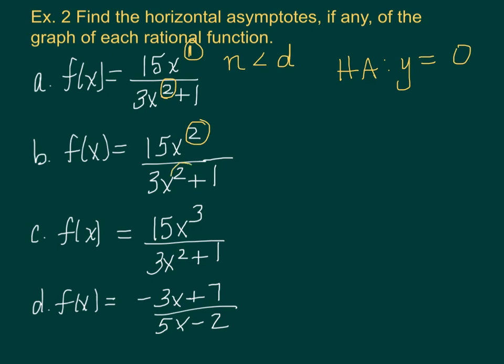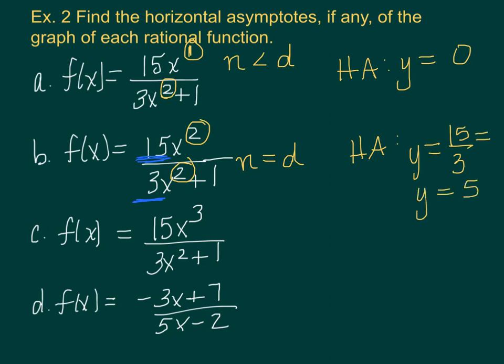My degree in the bottom is 2. So the degrees are equal. In this case, you look at the leading coefficients. The leading coefficient in the top is 15, and the one in the bottom is 3. So you write it like this: y equals 15 over 3, and then you simplify it, y equals 5.